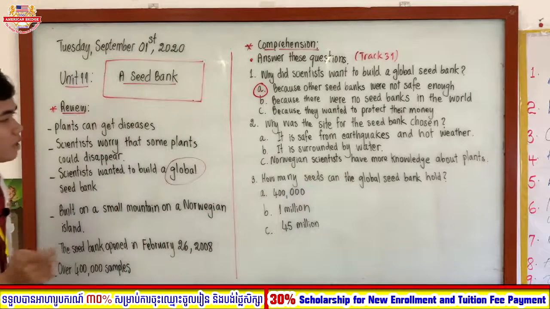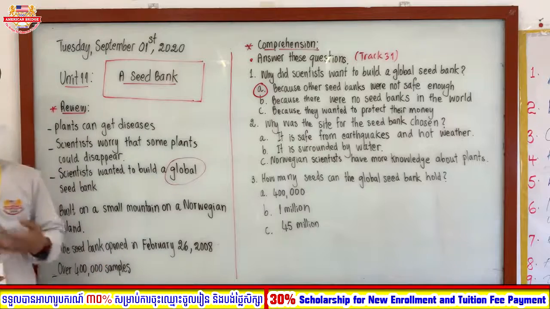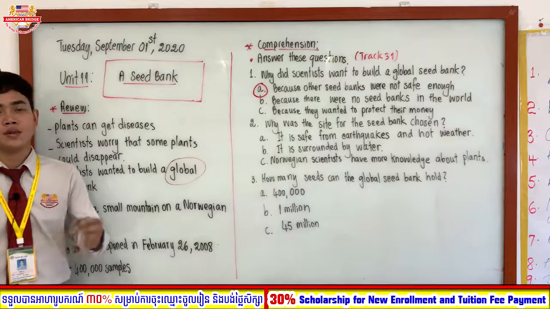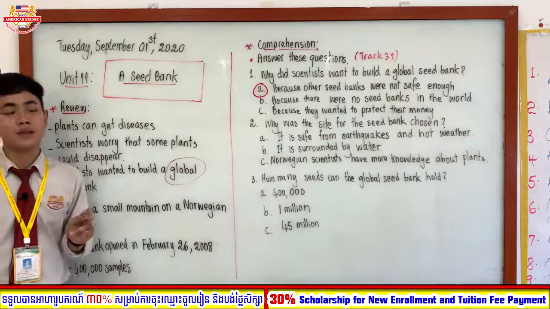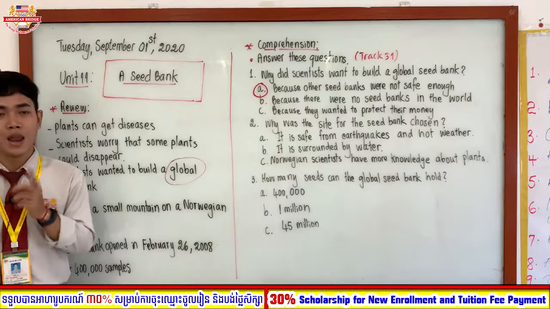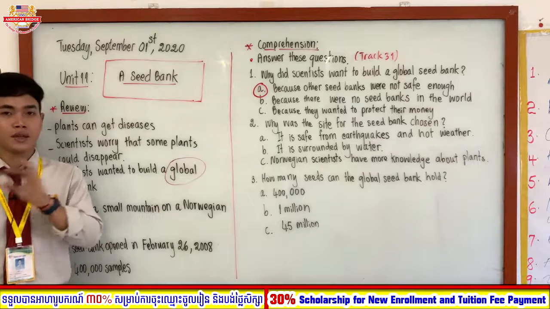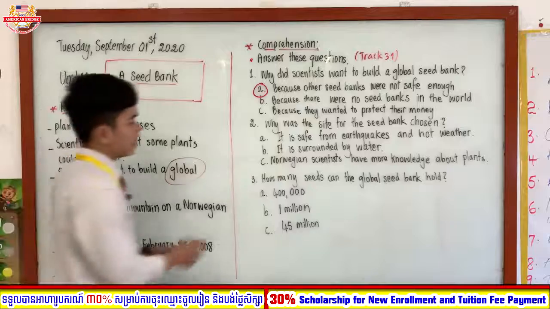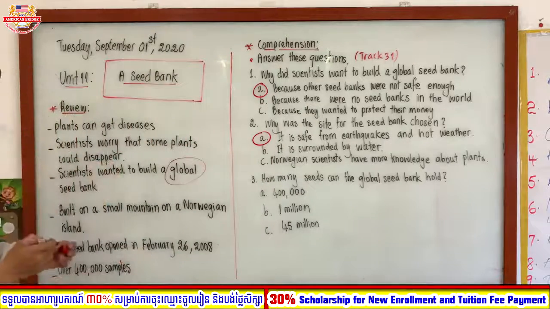If you think a Norwegian scientist is the one who has more knowledge about plants, maybe not, right? Because we are not sure that every scientist in the world, or in those countries, has more knowledge about the plants, right? But we need to find a site which could protect the plant from any danger. All right, so it must be letter A. It is safe from earthquakes and hot weather.